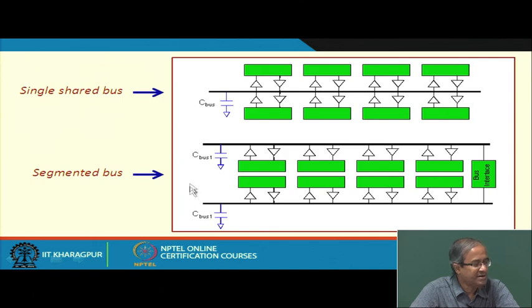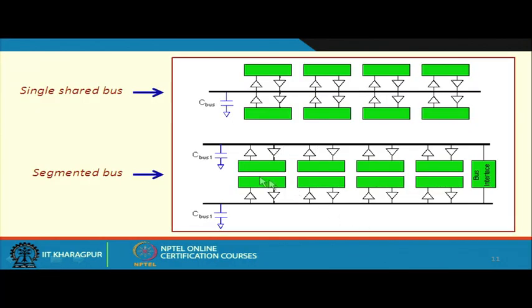So, in the alternate design what we are saying is that this bus we are splitting into 2 buses. The first bus is connecting only these first 4, the second bus is connecting these 4. Of course, there is an interface to communicating between the buses whenever required.